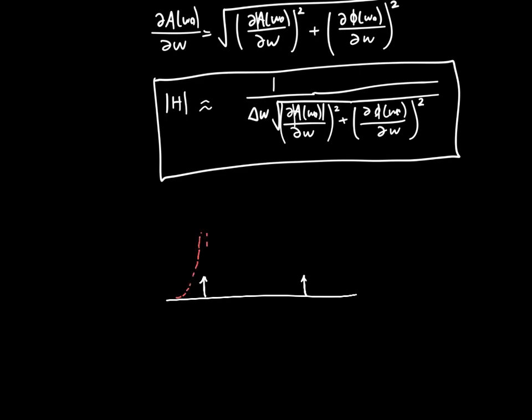So it still blows up at omega naught, as we would expect. In the vicinity of omega naught, it goes down like 1 over delta omega. And so that's how we find the phase noise of a linear system.